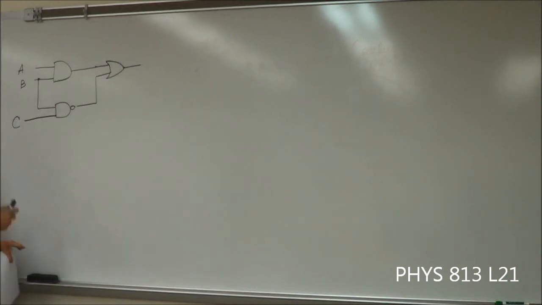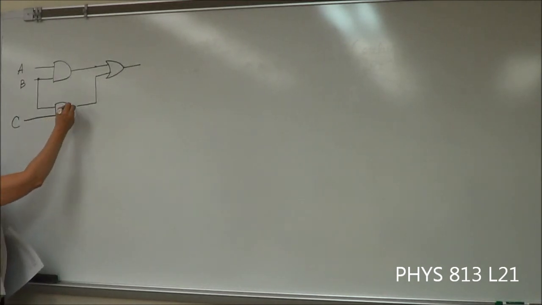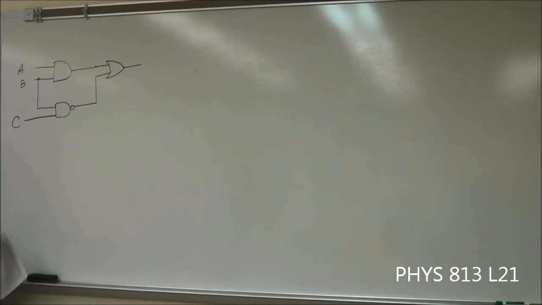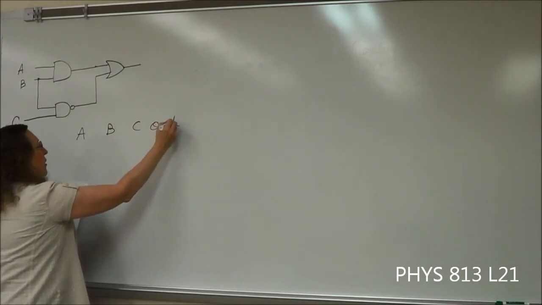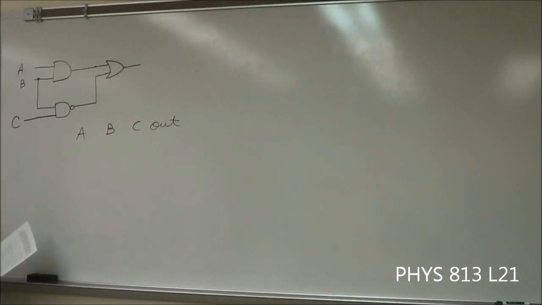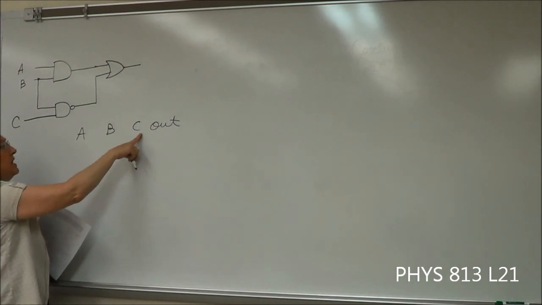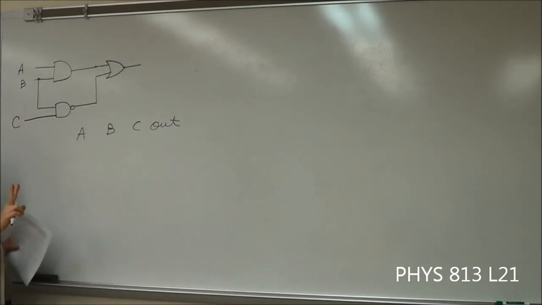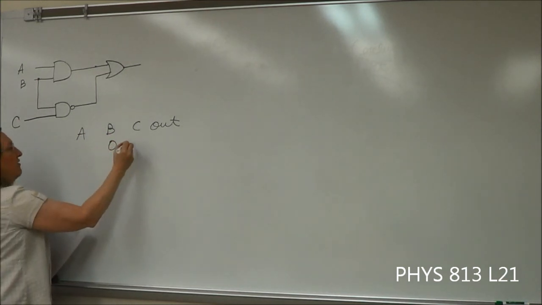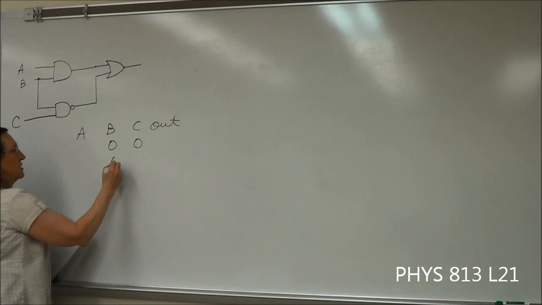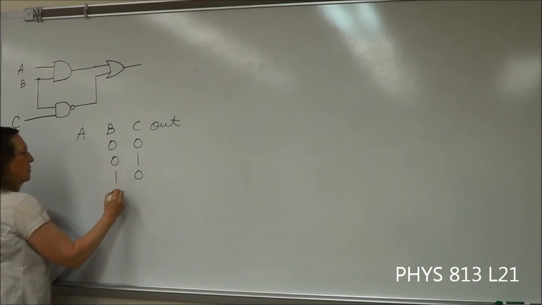Okay, so now we have all these possibilities, and we need to get all the combinations of zeros and ones for A, B, and C. Well, here's the easy way to do this. We have A, B, C, and the output. If you think about starting with B and C, that's the 2 inputs that we've used before. We have a possibility of 0, 0, 0, 1, 1, 0, and 1, 1.